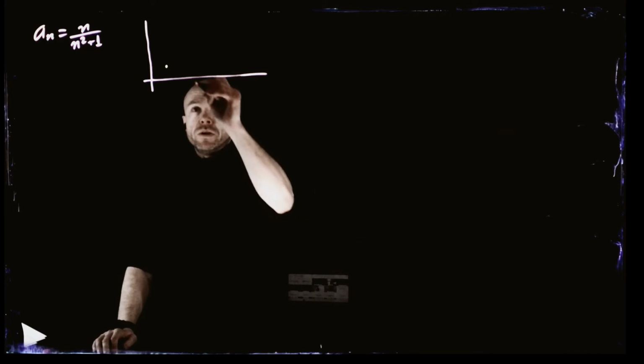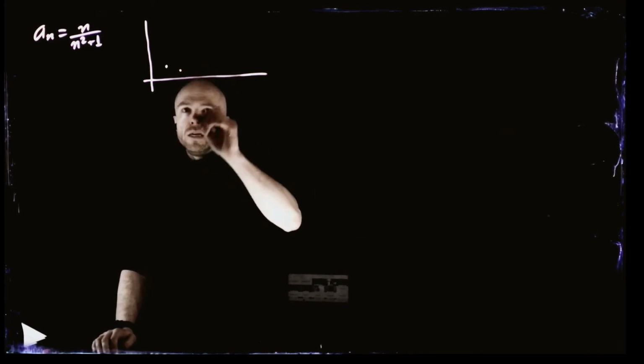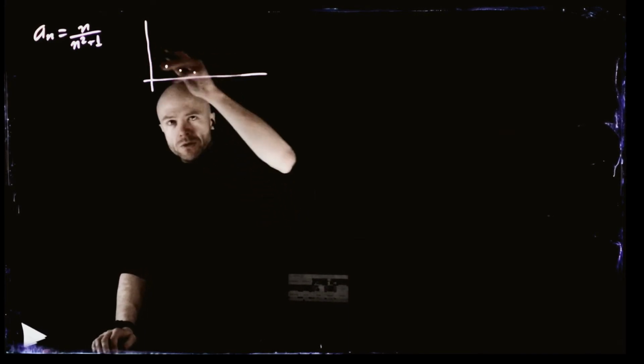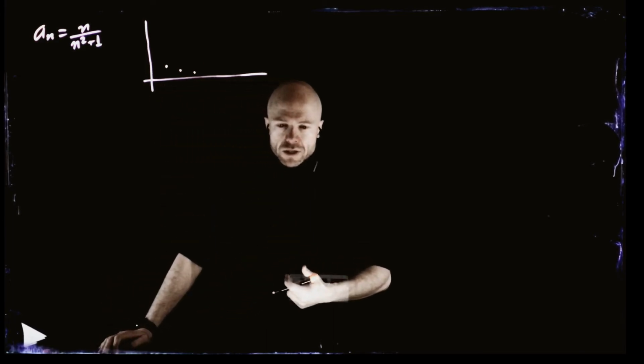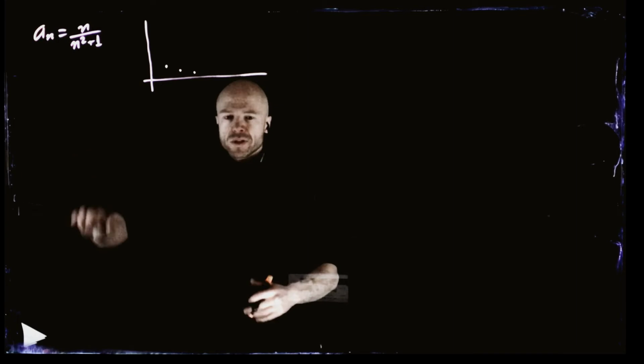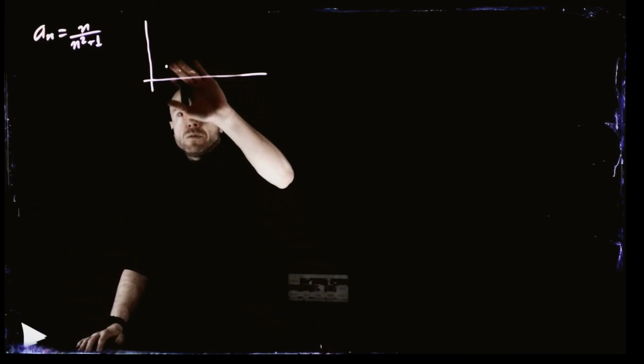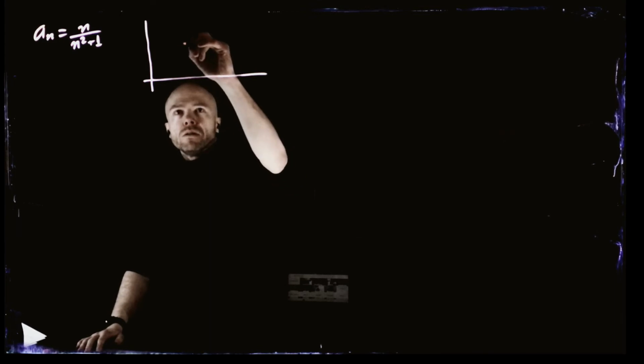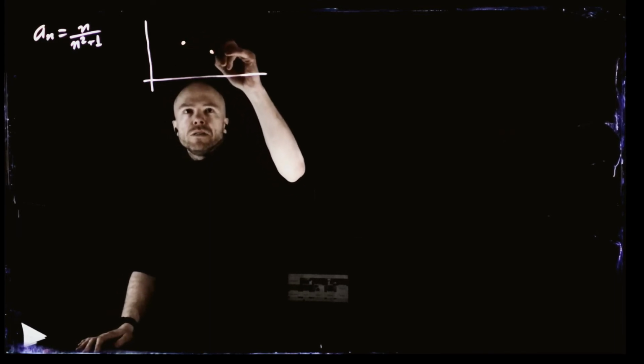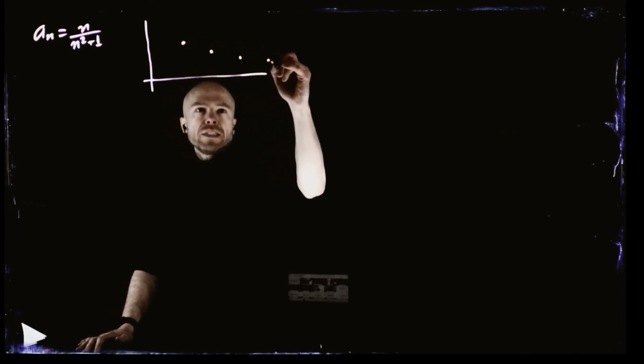We have 2 over 5, so it's a little bit down like this. Yeah, and so actually we already know it's decreasing, so it's going down like this. But how are we going to show it's decreasing without actually doing this stuff with the algebra? Let me make this picture more clear. So this is 1, this is the next one, this is the next one. So it's going down like this.